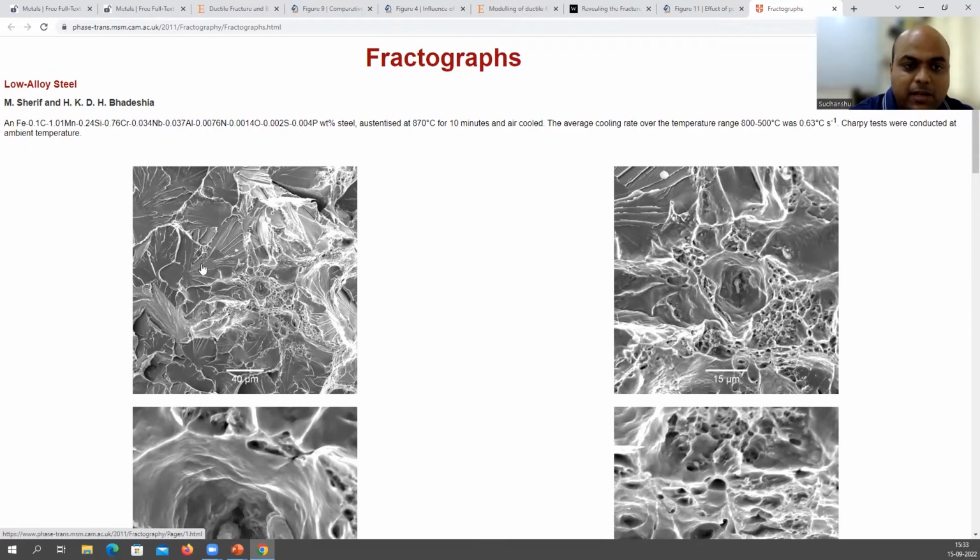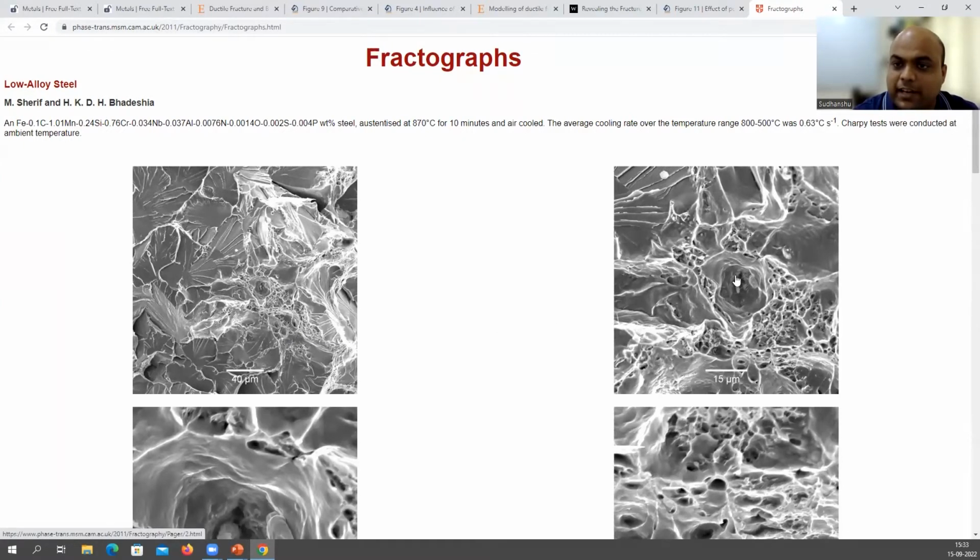Very nice image. You can see lots of river marks, and these are your facets. All these are one facet. This is one facet. Again, here is one facet. Each facet is going to contain river marks. That is what we discussed.